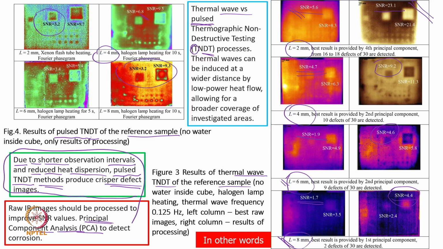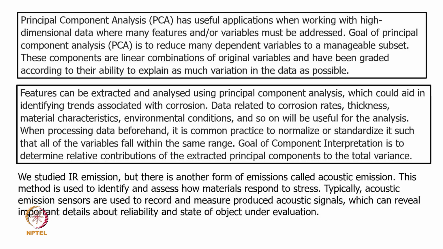So, if I want to really express what PCA is, PCA is principal component analysis. It has a number of applications, particularly when the dimensional data are many, when we have too many variables and we do not have a definite relation available with us. In that situation PCA will be a better option, because the method tries to figure out some sort of relation and make a lesser number of equations, even though we have too many variables.